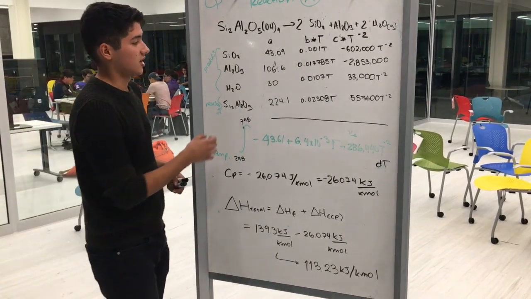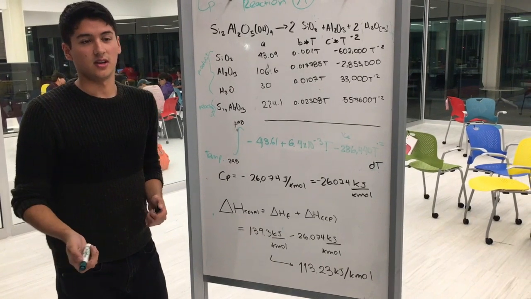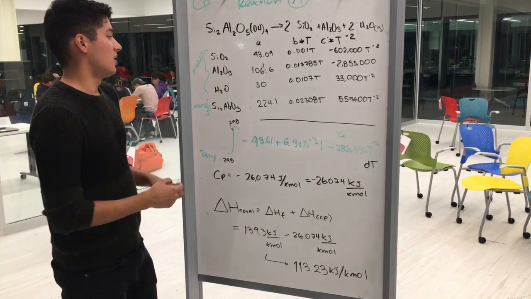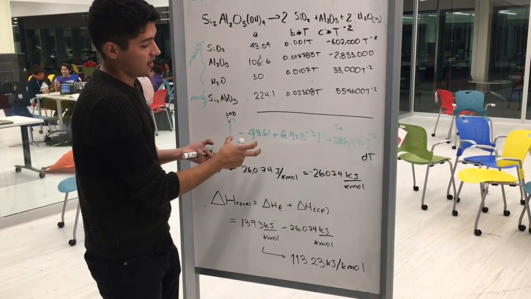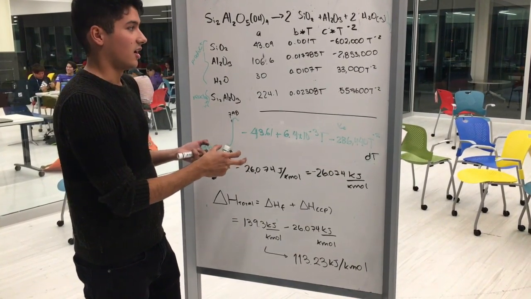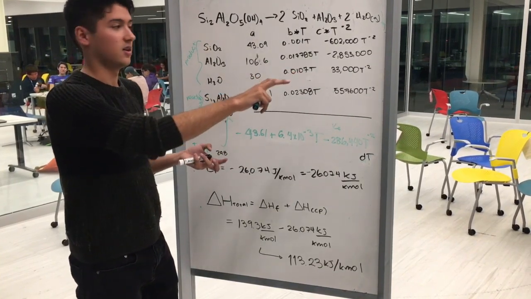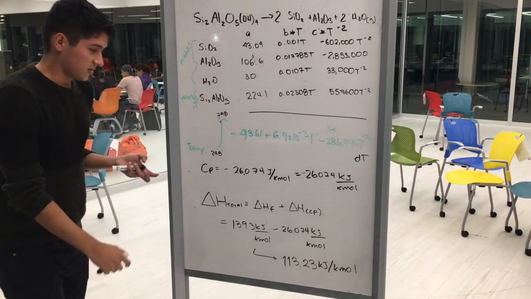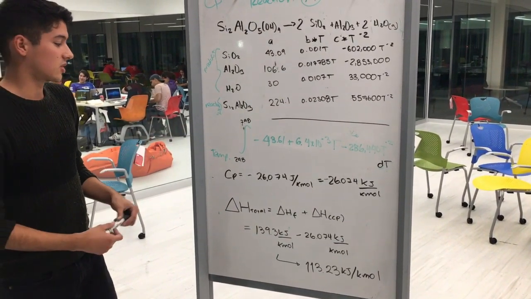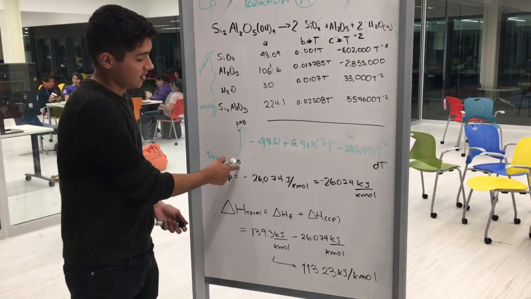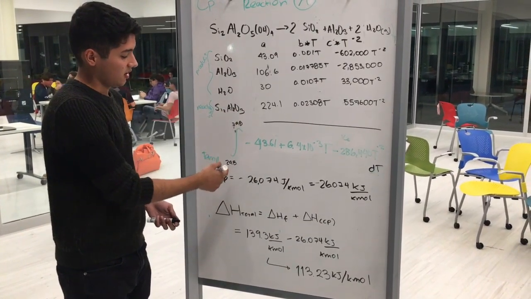And to do so, you're going to add them all up. So the same principle as in the enthalpy of formation applies. The products minus the reactants are going to create a CP value which applies to the whole reaction. And to calculate this CP value, you have to integrate from the temperature of reference to the temperature in which the reaction occurs.